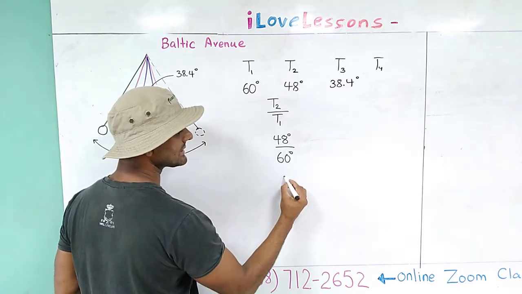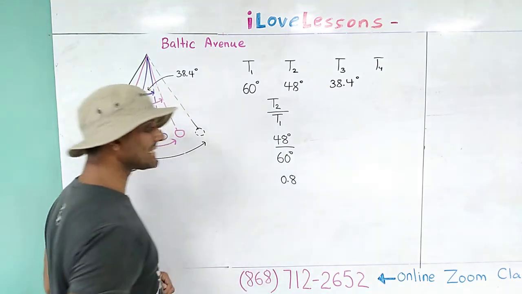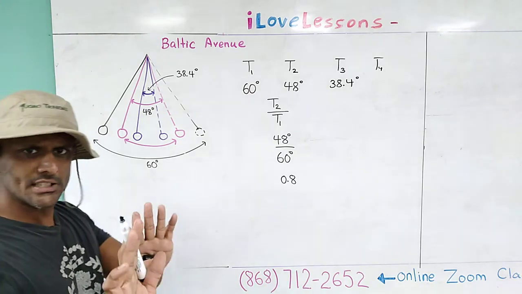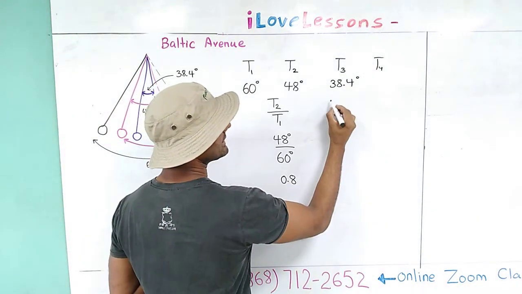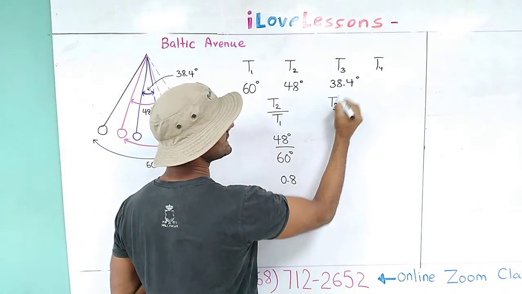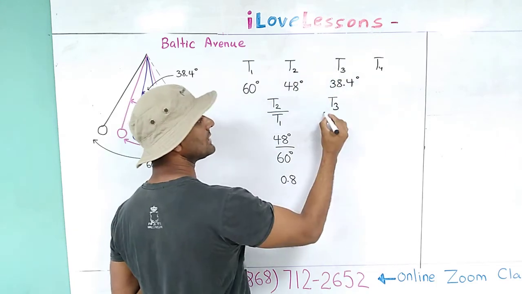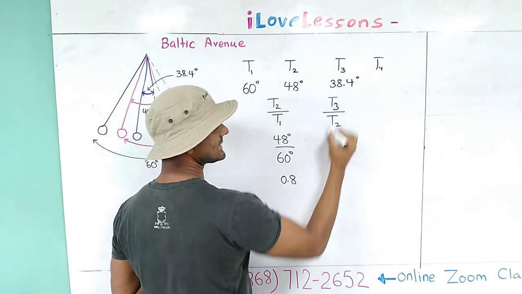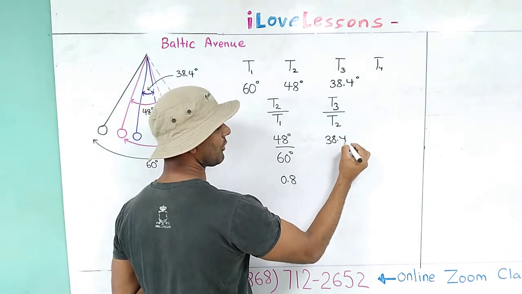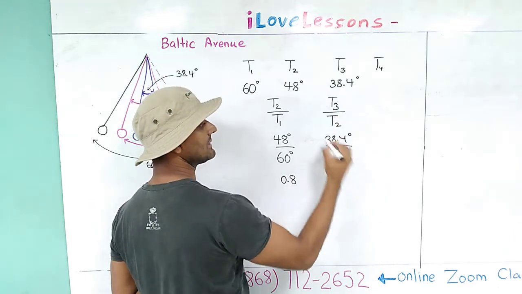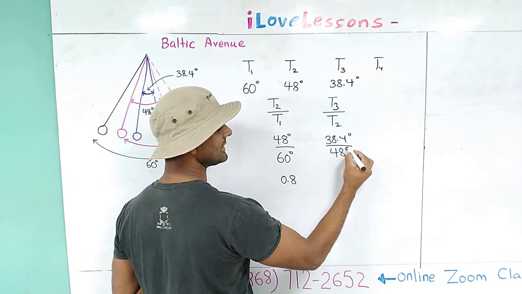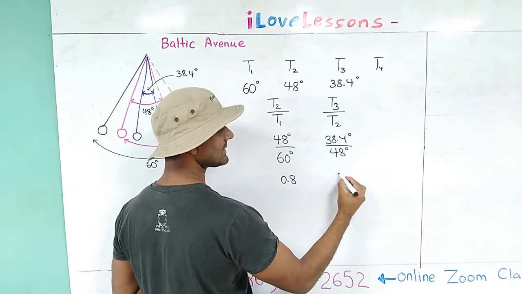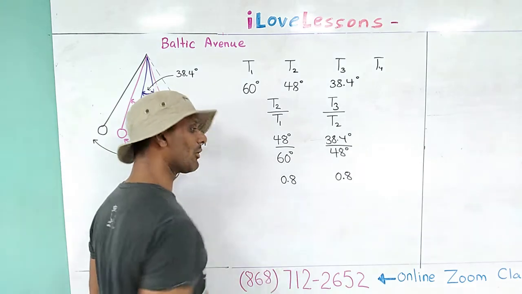If I divide this, I believe I'll get 0.8 on my calculator. But let's just make sure. We're going to take T3 and divide it by the one just before, which is T2. So it's 38.4 degrees divided by 48 degrees. If you divide this, you will still get 0.8.